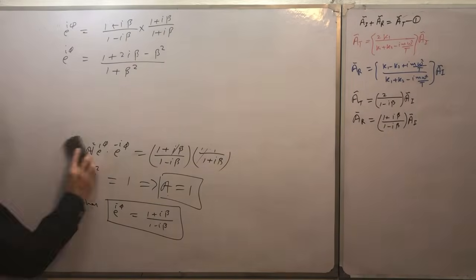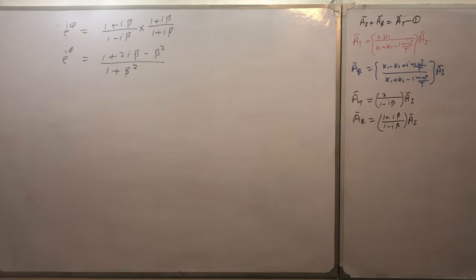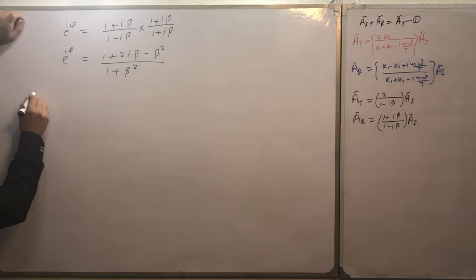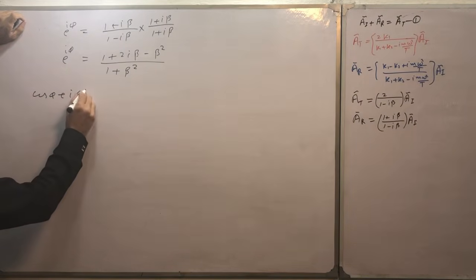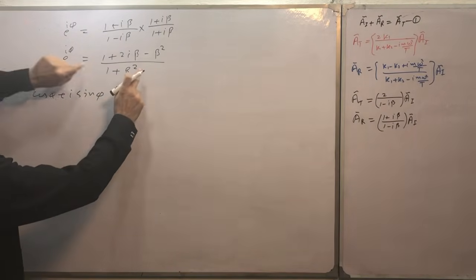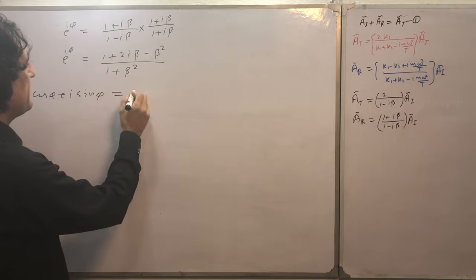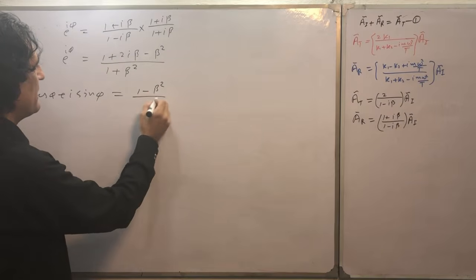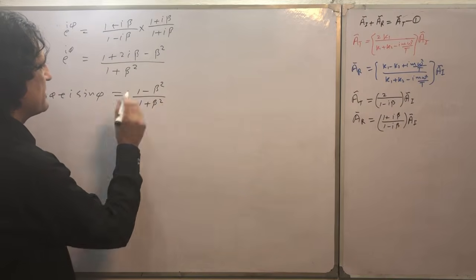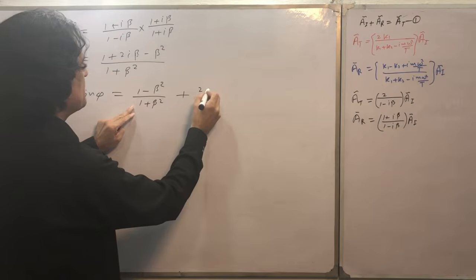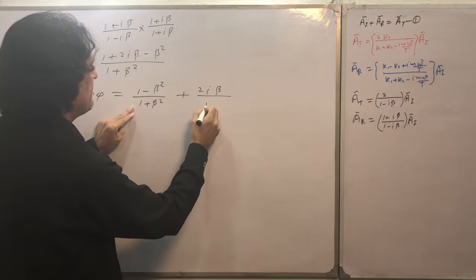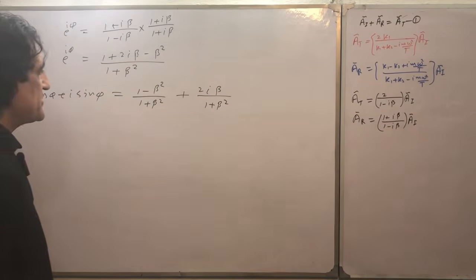And from here, this is cos phi plus iota sine phi. We want to separate the real and imaginary parts here as well: 1 minus beta square over 1 plus beta square is the real part, plus 2 iota beta divided by 1 plus beta square, which is the imaginary part.